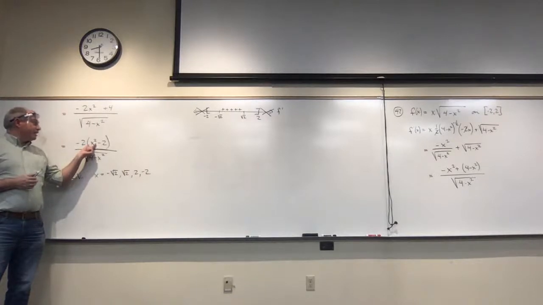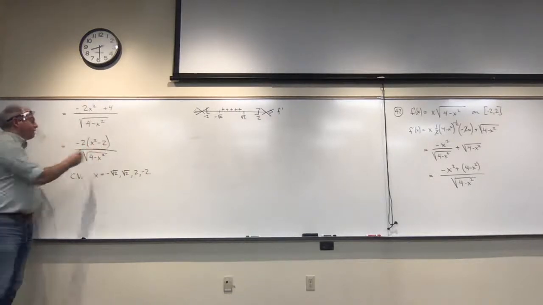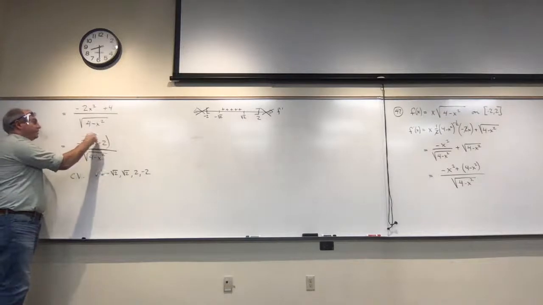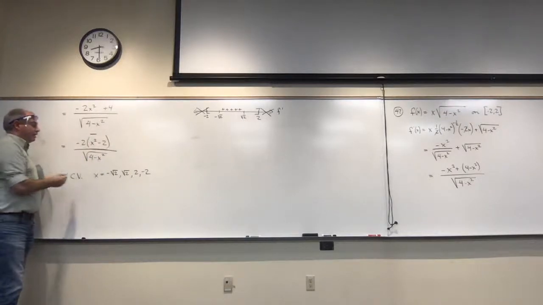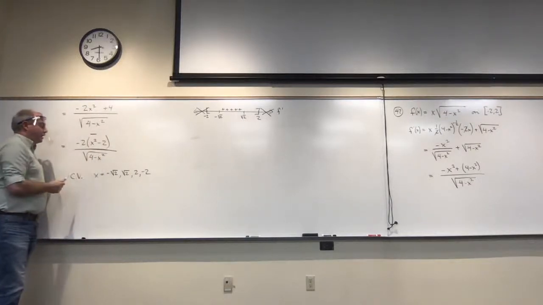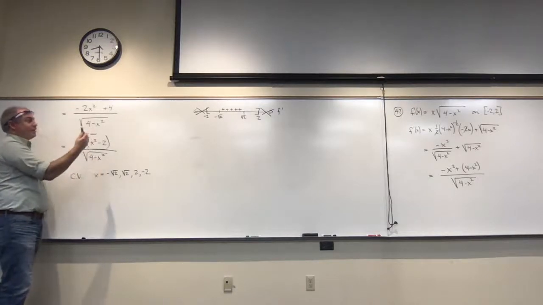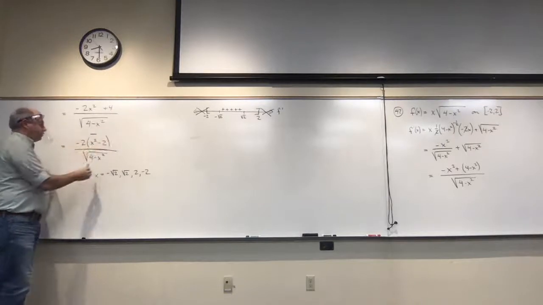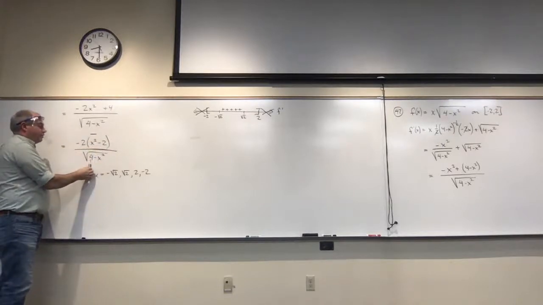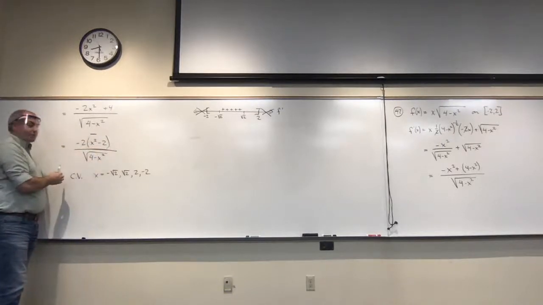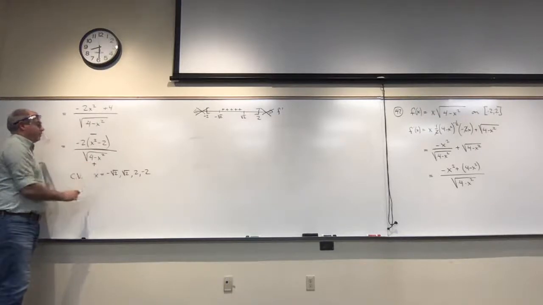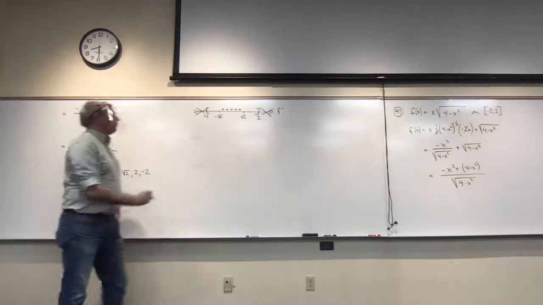So something slightly bigger than 2, minus 2, is positive, times a negative is negative. And then down here, 4 is 2 squared. So if you're in between square root of 2 and 2, and I square you, you're still smaller than 4. So this is going to be positive. So we get a negative over a positive, which is negative.